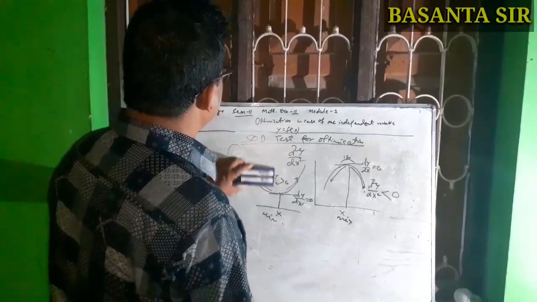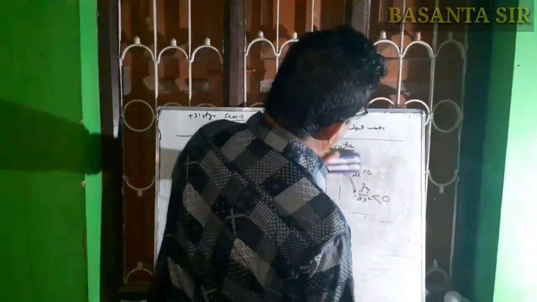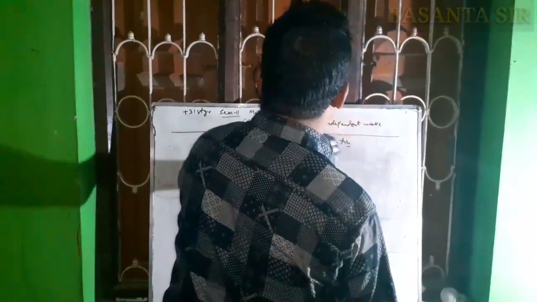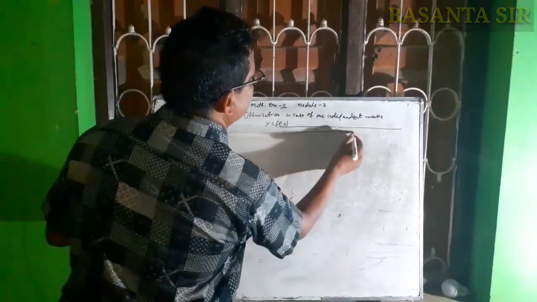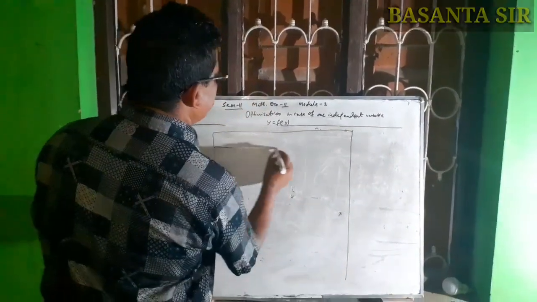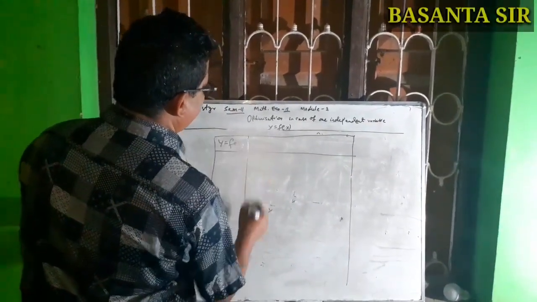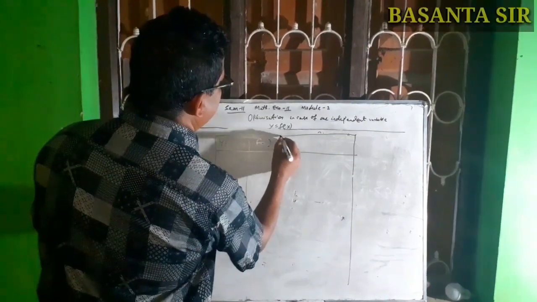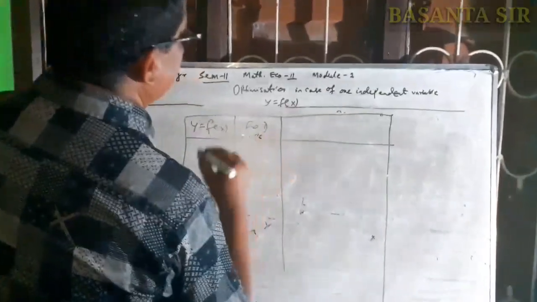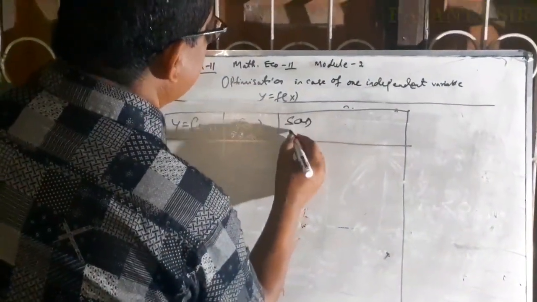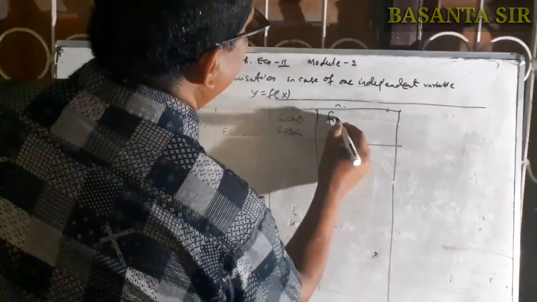Now, for our better understanding, we should have a table for this. Y equal to a function of x. The first order derivative is called the first order necessary condition. The second order derivative we call the second order sufficient condition, and this is the figure.